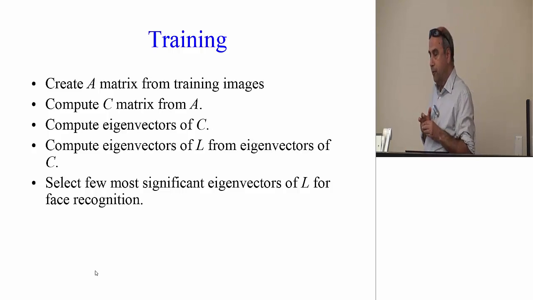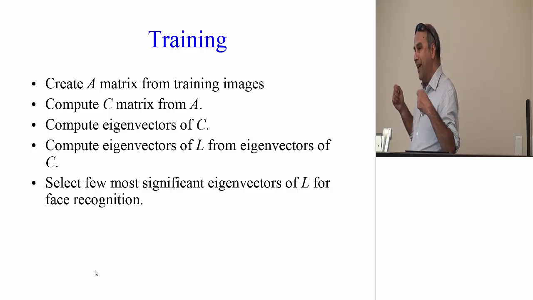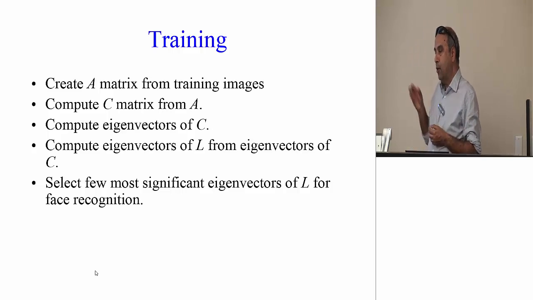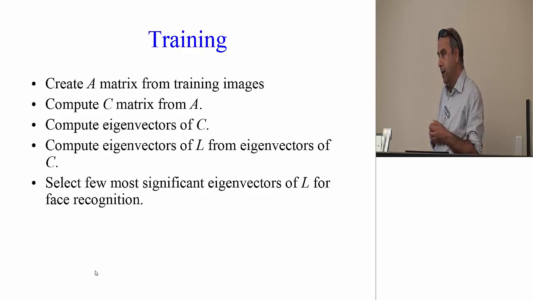So the main point of doing the PCA is that we want to reduce dimensionality, and the dimensionality depends on how many eigenvectors you have. The total will be a large number, but we want to select the most significant eigenvectors, and we can just get rid of the remaining ones. We will order the significance of the eigenvectors based on eigenvalue.